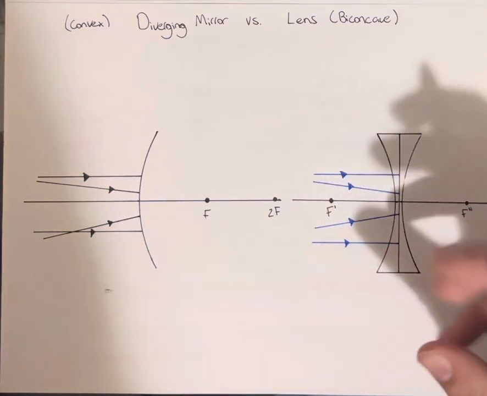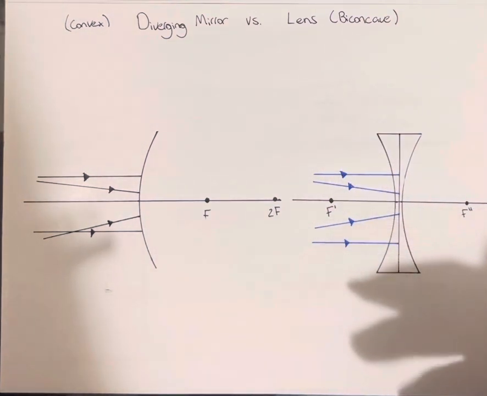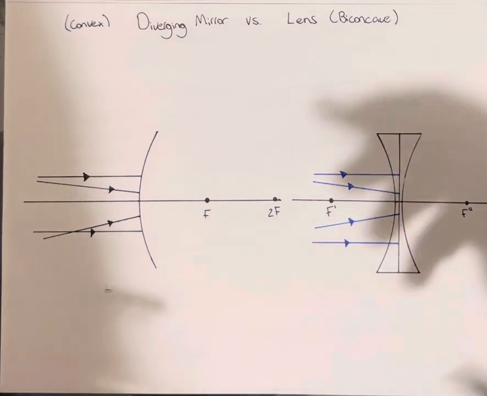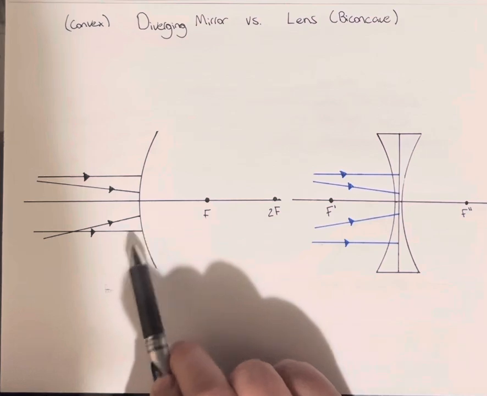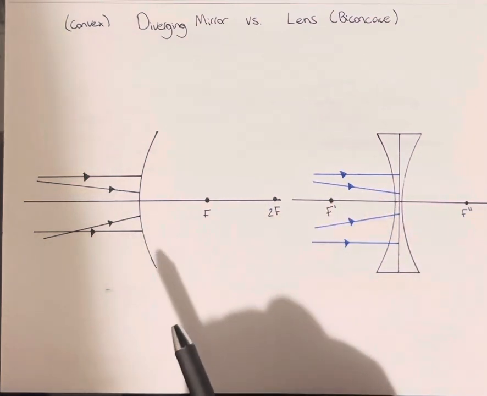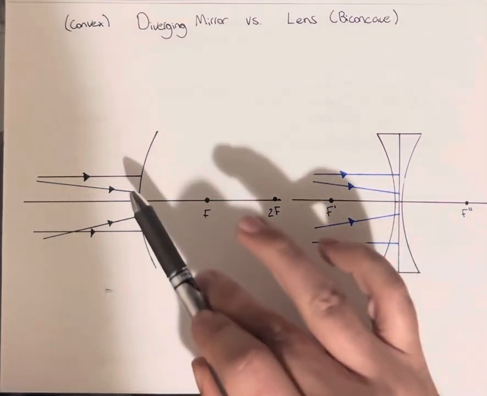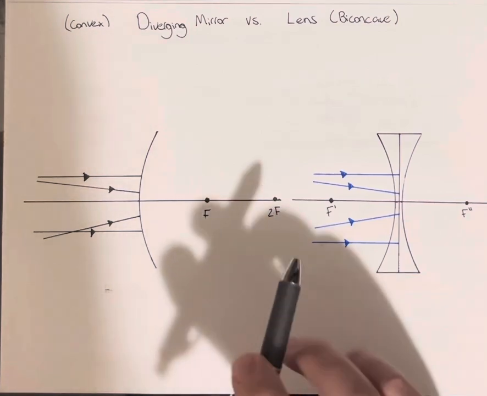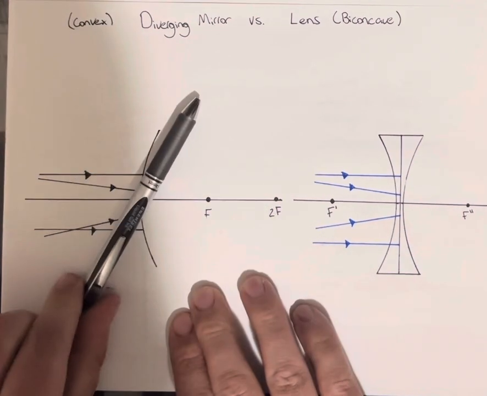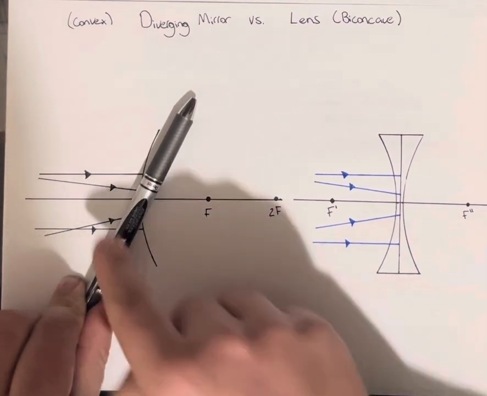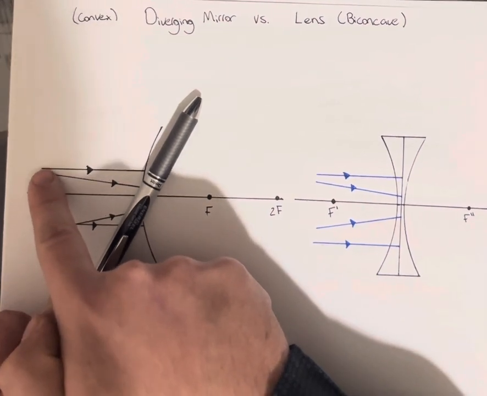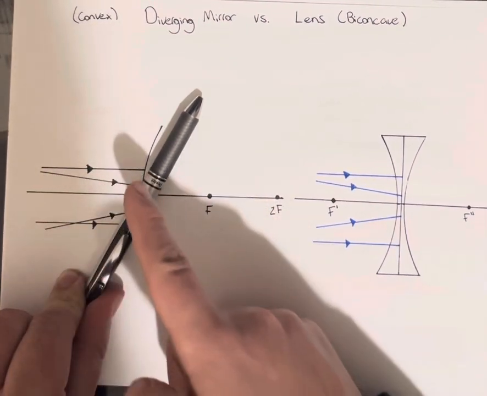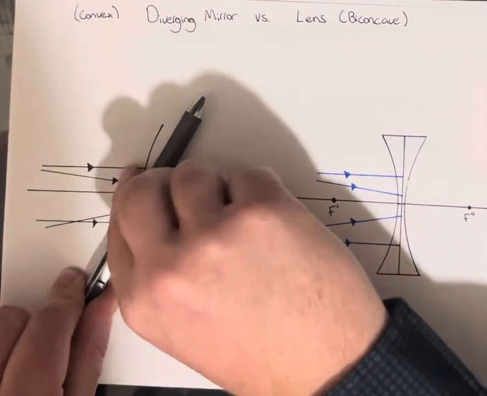Instead of moving towards the principal axis, the reflected rays are now reflected away from that principal axis. Here I have a couple of examples of parallel rays coming into that mirror. Even if I just look at the surface of the mirror, if the surface is on this angle, based off of our simple understanding of the laws of reflection, if that is coming in here, it is obviously going to reflect in that direction.